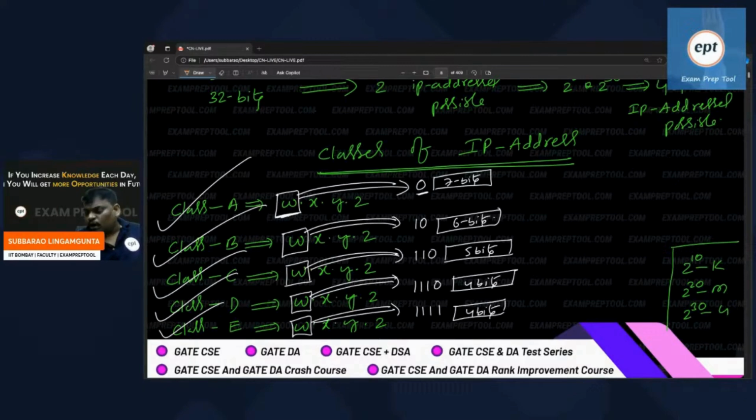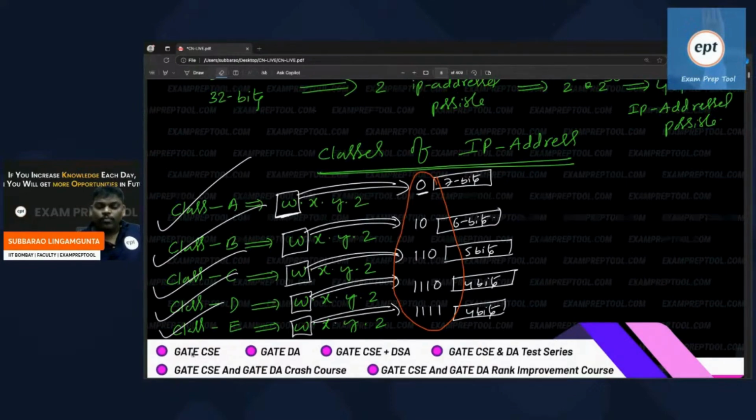In mobile there is an STD code, but here there is some prefix. This is the prefix part.